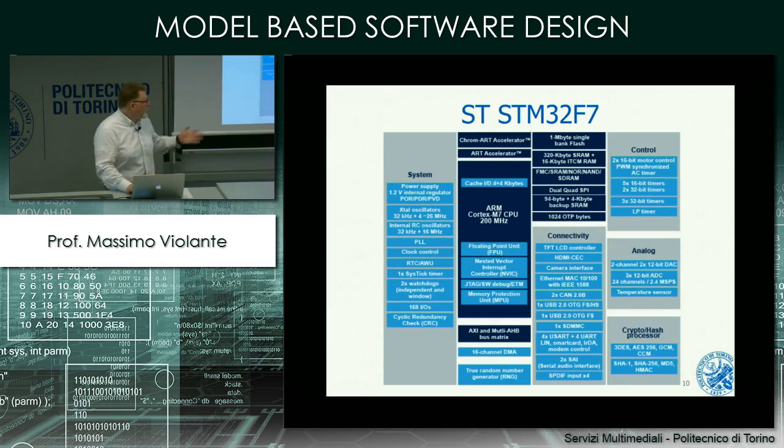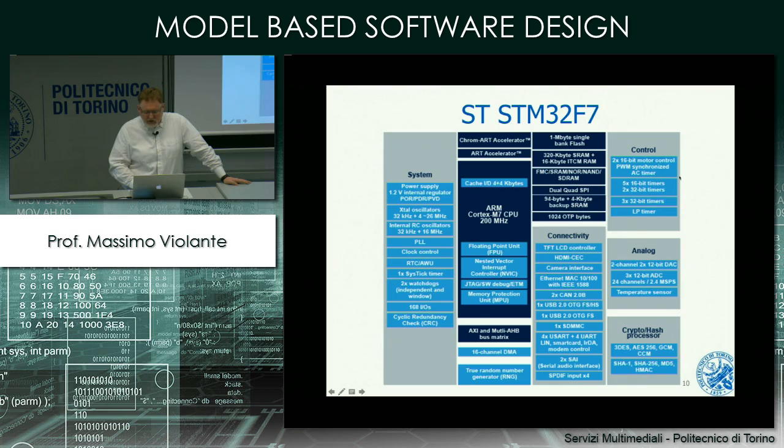Example of microcontrollers, for example STM32F7. This is the newest in the offer of STM. You can see that besides the processor, the blue box here, an ARM Cortex-M7 CPU at 200 MHz, we have a number of other elements like the memory, 1 megabyte of flash, 320 kilobytes of RAM.